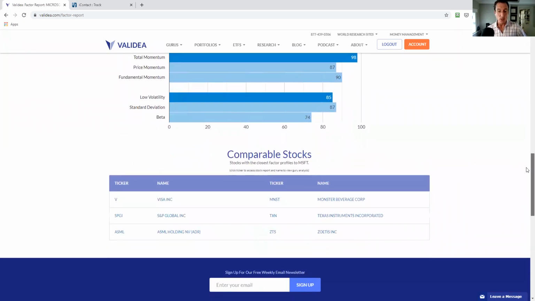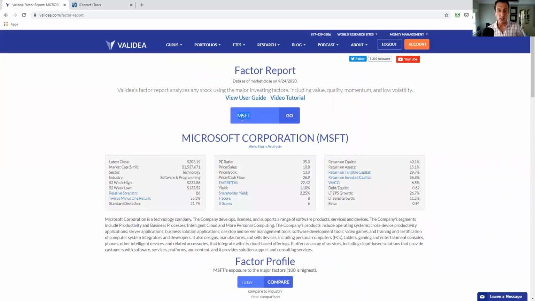As you come down that page, we're giving you other stocks that look similar to Microsoft. These aren't necessarily stocks in the software space, but stocks whose factor rankings look similar. I was looking at P&G earlier and was going to give that as an example.